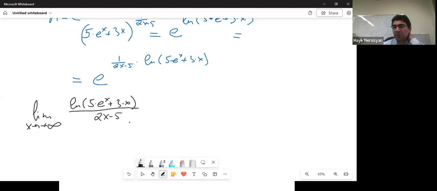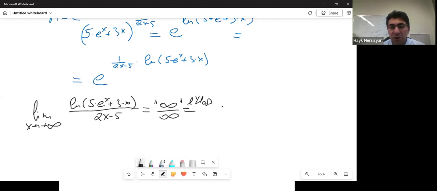Let's calculate the limit of this part. When x goes to infinity, it's infinity over infinity, meaning we can apply L'Hopital rule.